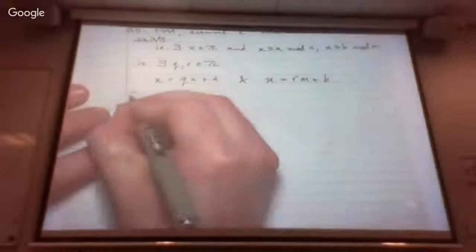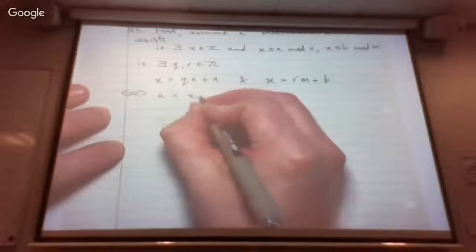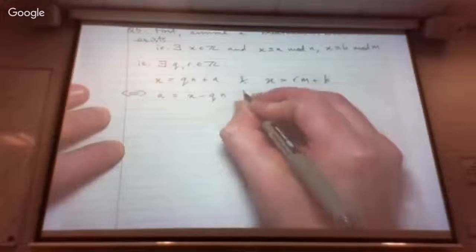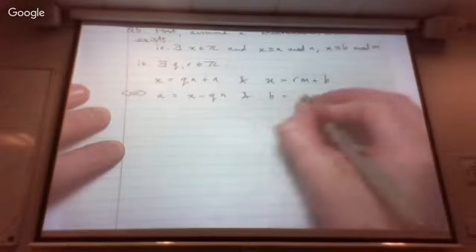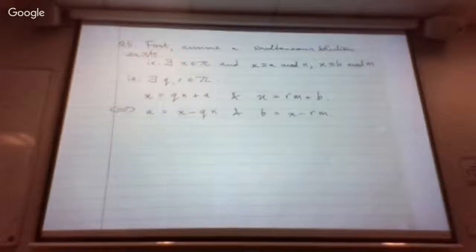Okay, these immediately give us equations for a and b. A is x minus qn. B is x minus rm. And the result we're trying to prove says something about the difference, a minus b. We're trying to prove that the greatest common divisor divides the difference. So the most natural thing to form out of this is the difference a minus b.